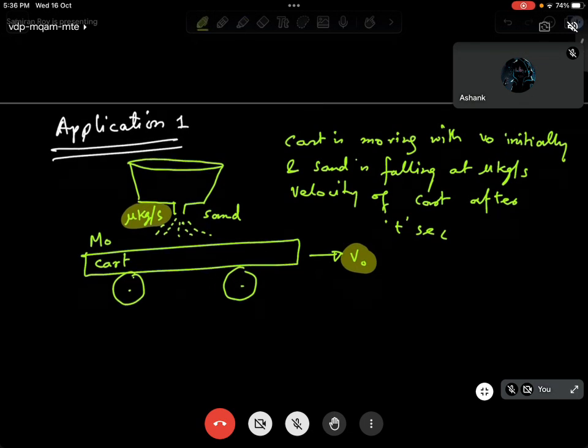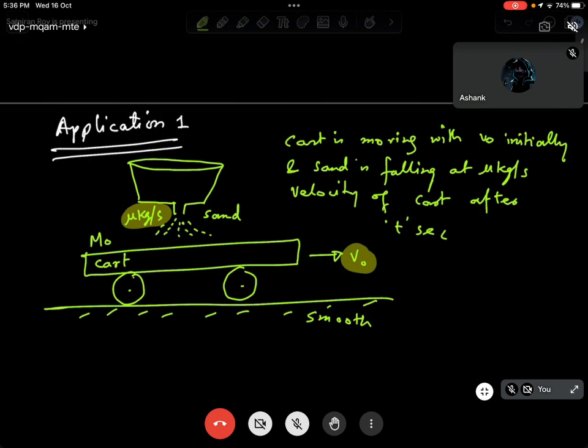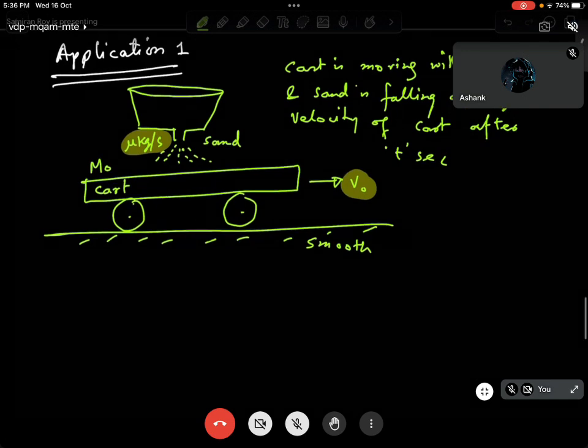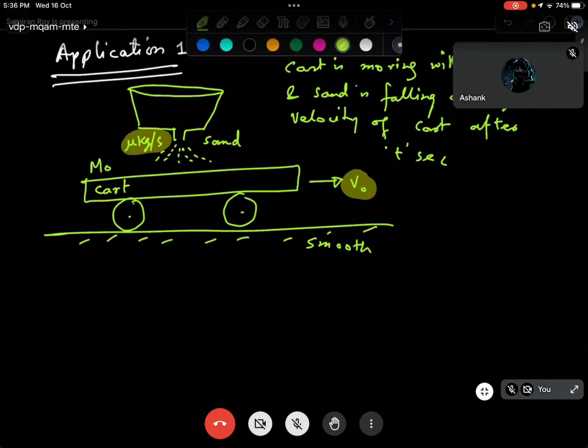Consider this surface, it's moving on a smooth surface. Initially it's given v0 velocity, so there is no other force to stop it. I'll tell you this with two methods.